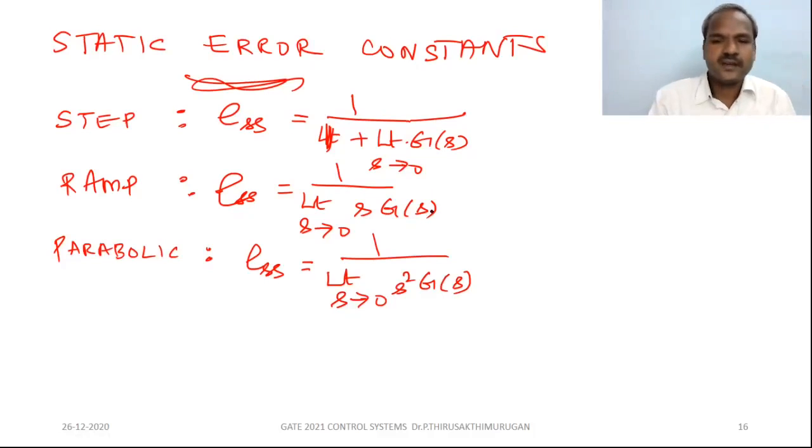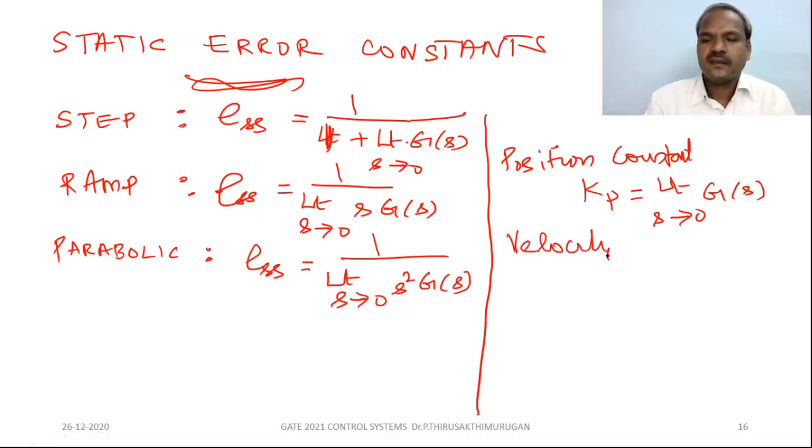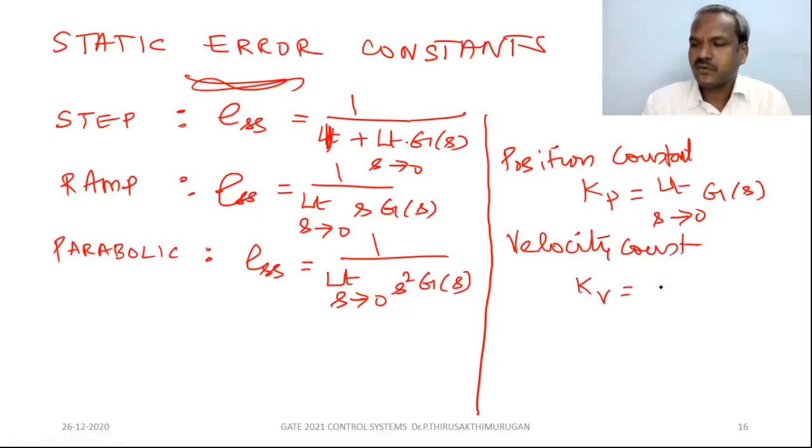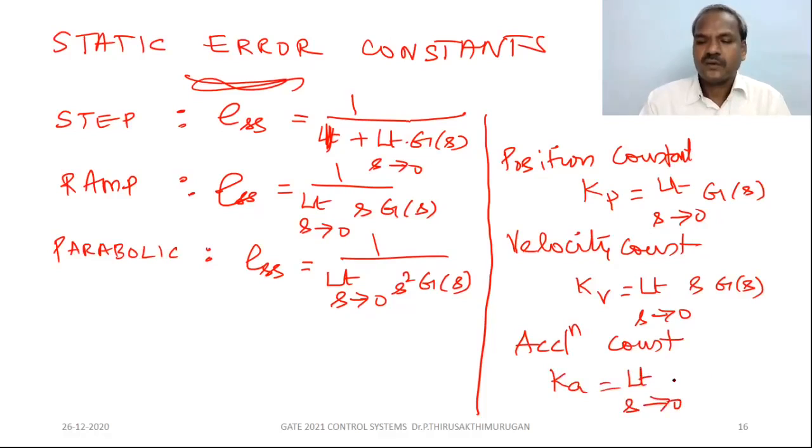You can remember it like this: position constant, Kp equals limit s tends to 0 G of S. Then velocity constant, Kv equals limit s tends to 0 S into G of S. Then acceleration constant, Ka equals limit s tends to 0 S square G of S.